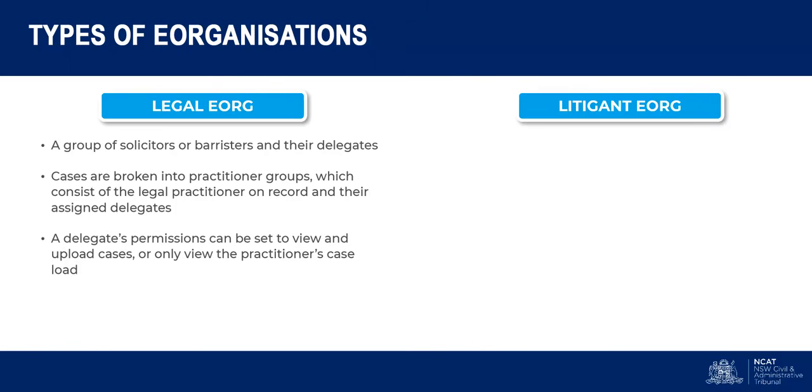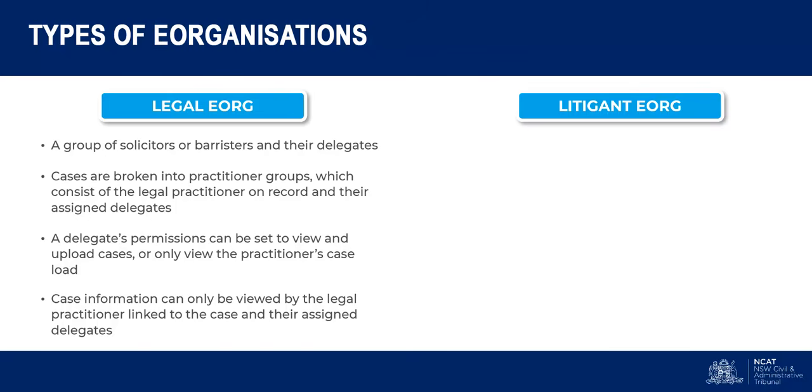A delegate's permissions can be set to view and upload cases or only view the practitioner's caseload. Case information can only be viewed by the legal practitioner linked to the case and their assigned delegates, i.e., not viewable by all users in an e-organization.